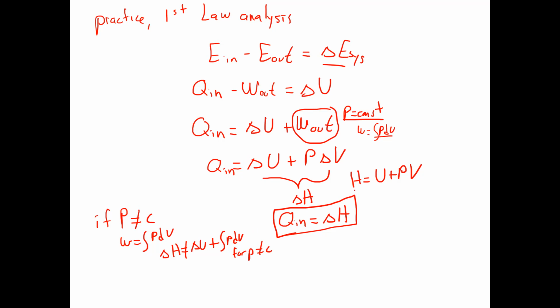The algebra works out that if I have a constant pressure process, delta U plus P delta V is equal to delta H. But if my pressure was not constant and I had to find an integral form of pressure over the volume change, I would have to leave my first law analysis in the functional form Q in is equal to delta U plus the integral of P dV, because the process is different than at constant pressure.